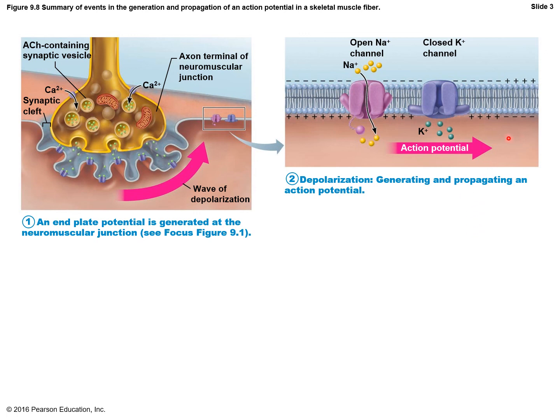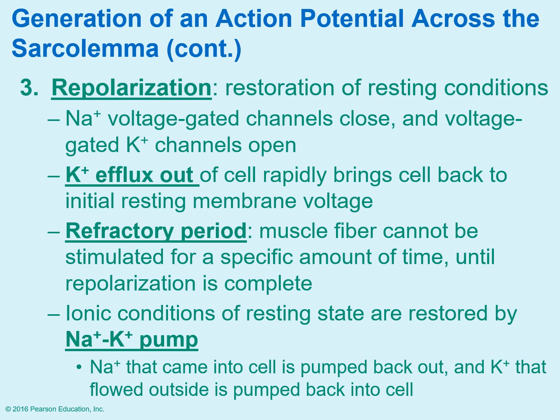You have this huge influx of sodium coming in. Your potassium gates right now, notice these are closed. Potassium is higher inside the cell, but this gate's closed, so it's not able to flow out. So you're keeping your positive charge in and you're adding even more positive charge. That's why the inside of the cell now is becoming positive. This action potential is going to extend all the way down the length of the cell.